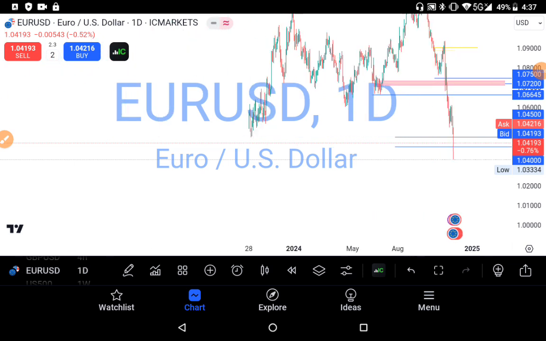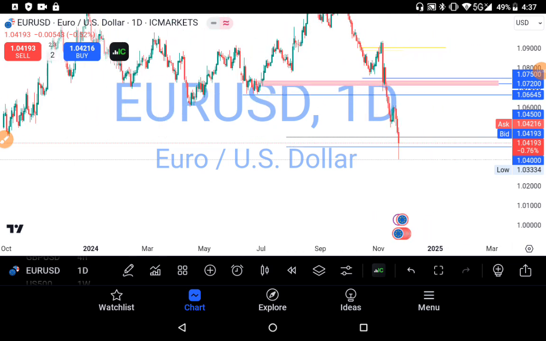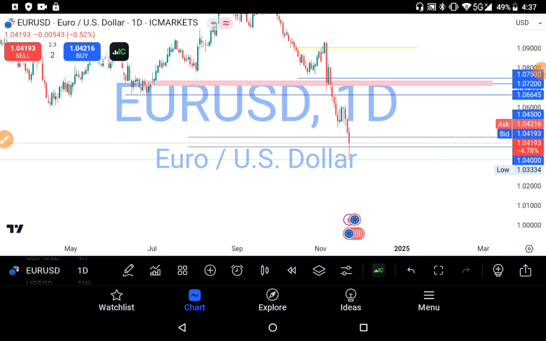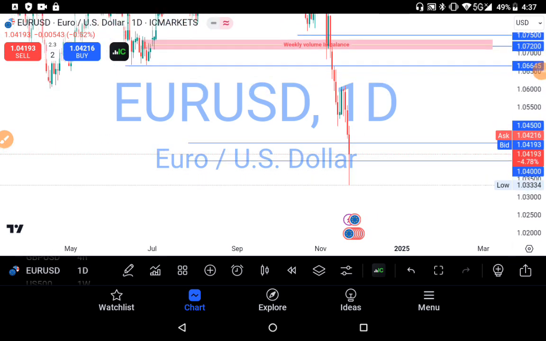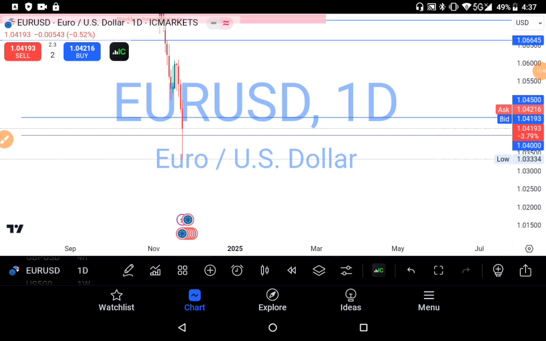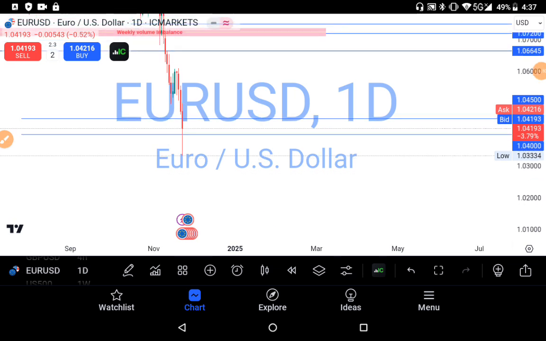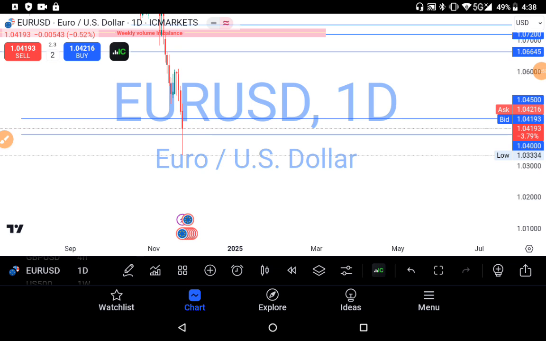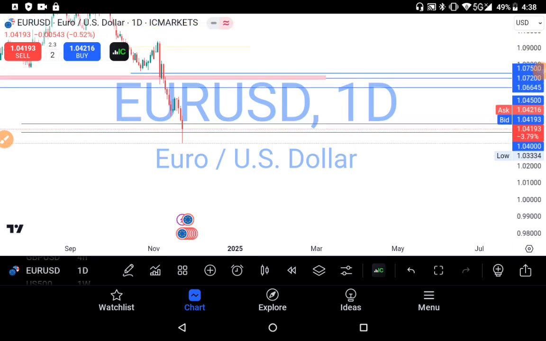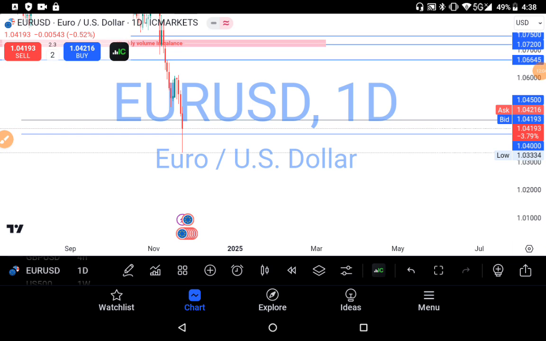No. So what I'll be watching the coming week. Since we have 1.04500 taken and 1.04000 taken, I'll be watching if we could get a movement into 1.03,000 the coming week.